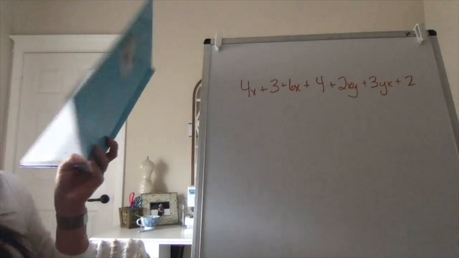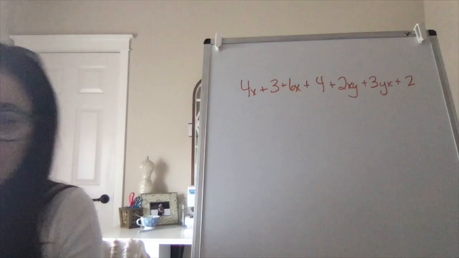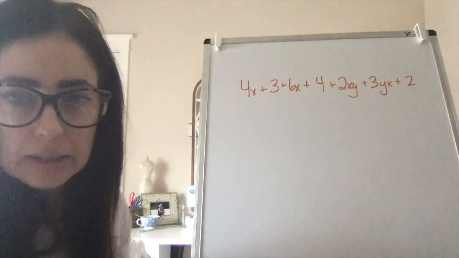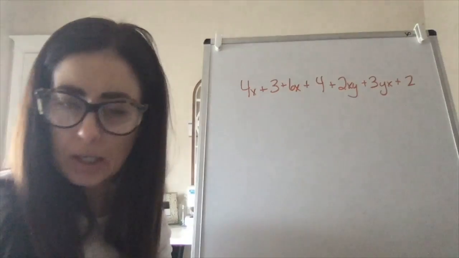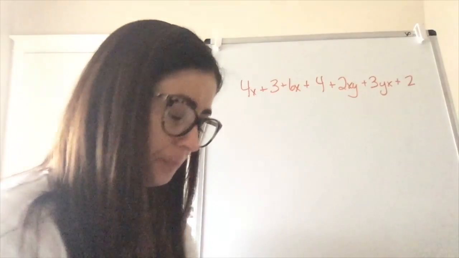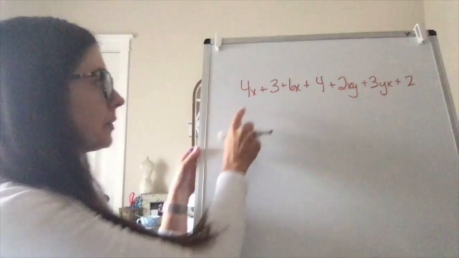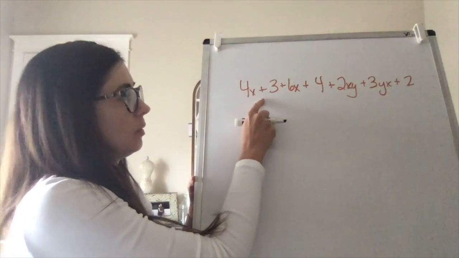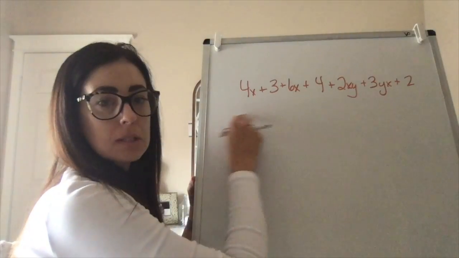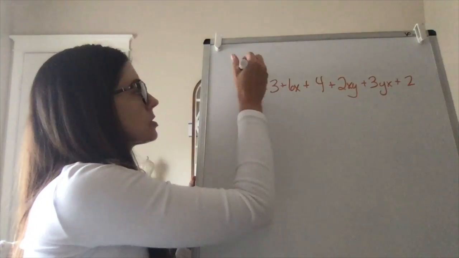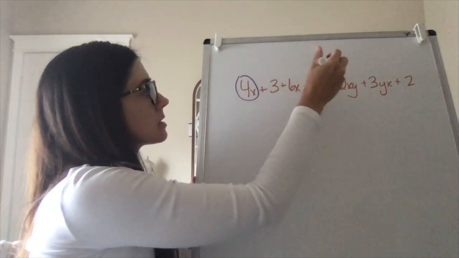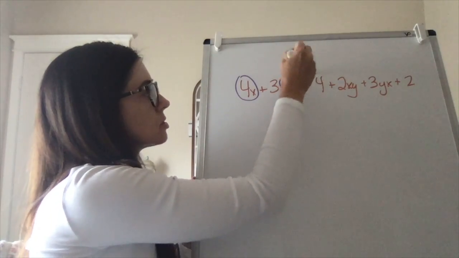All right, so first things first, this is when I like to get colors out, okay? I'm going to get a color out and look at my first term. It's a coefficient of 4 with 1x. I'm going to look through this list and circle everything that just has 1x. And it's just these two terms.